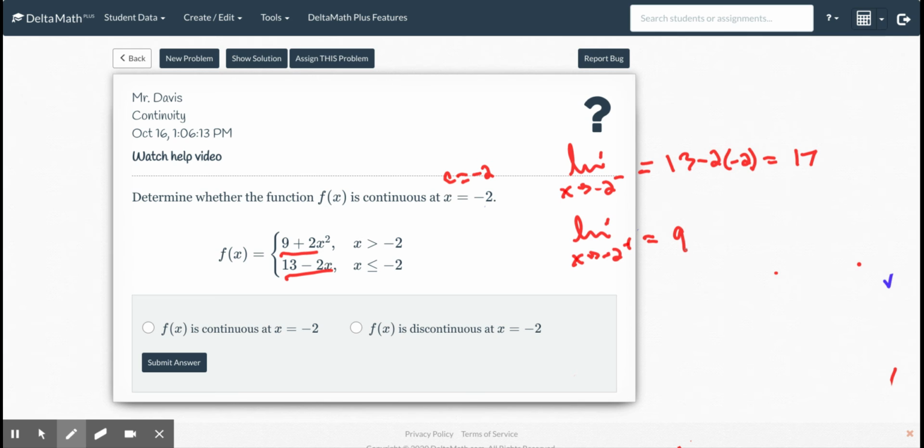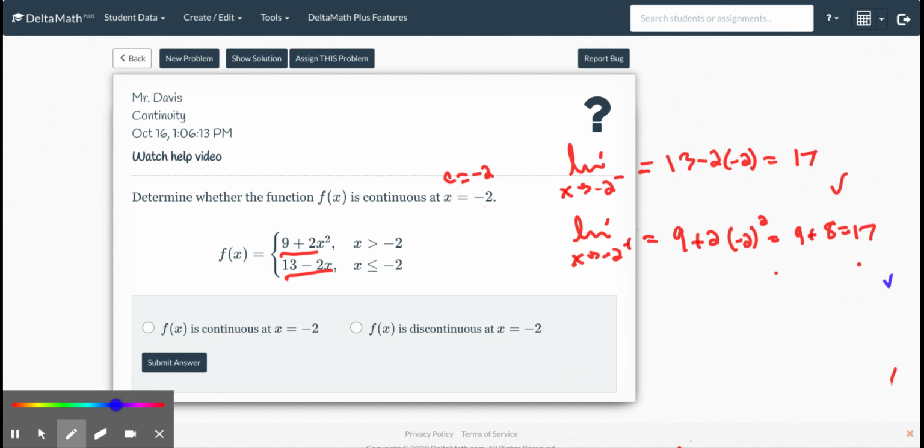So 9 plus 2 times -2 squared. So this becomes 9 plus 8. So that is 17 again. So that's good. That means our limit exists. The next case is to determine what the function value is, f of -2.